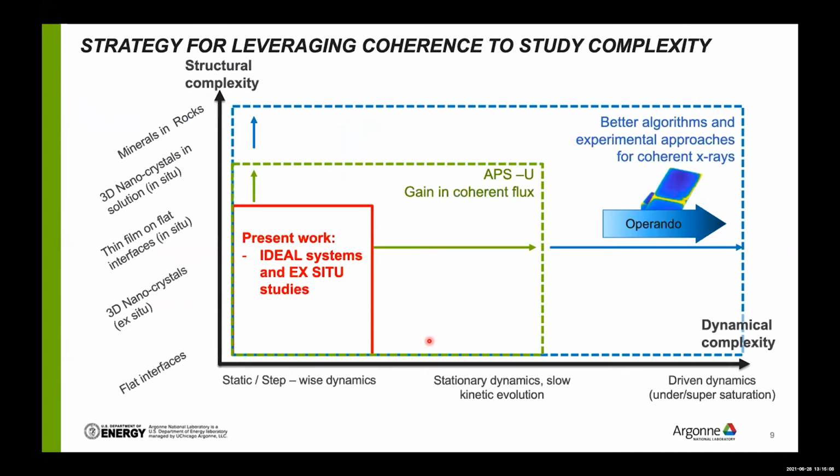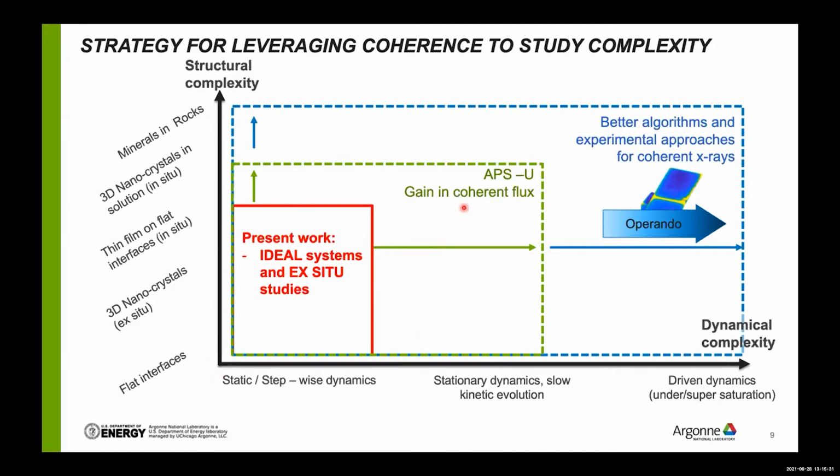So with the advent of these new synchrotrons on the horizon, we need a strategy to leverage coherence and reach our ultimate goal, which is to perform operando studies of crystals which are dynamically evolving. So for that, we have identified 2 complementary directions: structural complexity and dynamical complexity.